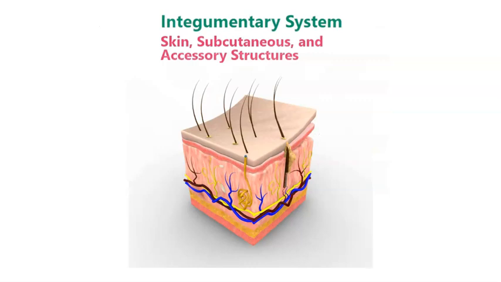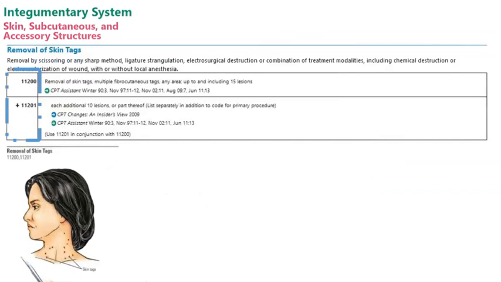The next step is to look for the CPT codes in the surgery integumentary section in the main text. The CPT codes in the index were 11200 and 11201. You will now look for the codes for removal of skin tags in the surgery integumentary portion of the CPT book.